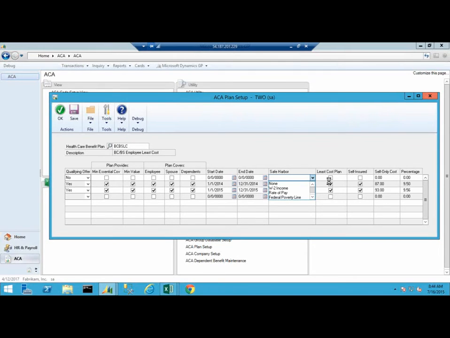And then you'll tell us whether or not it's a least cost plan. Are you self-insured or not? If you're self-insured, and only if you're self-insured, do you have to keep dependent information? We'll show you that. What the self-only cost is, the employer cost, employee cost for self-only coverage, and what the affordability percentage was at the start date.